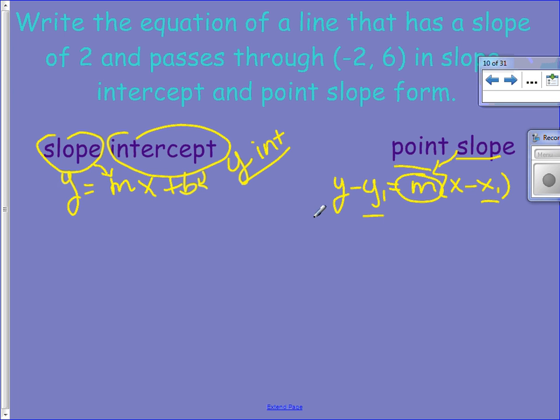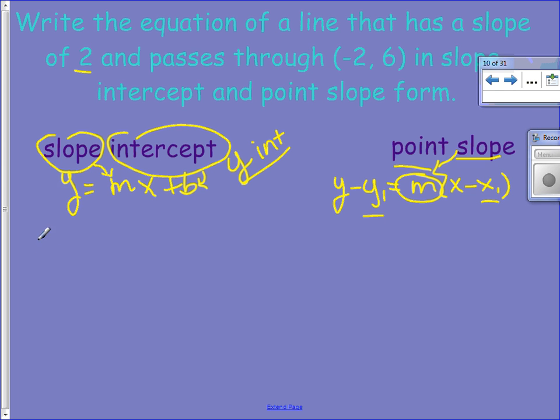A lot of times you guys get confused with this formula because you don't understand what happens to this y and this x. Where's the values for that? I don't want values for y and x because I want it like this, right? This is just, if I'm given a point, this is how I would write to get my equation in slope-intercept form.